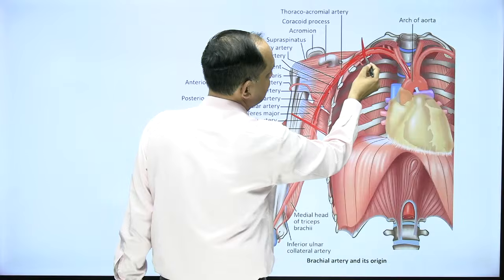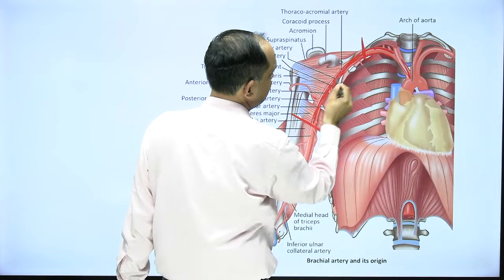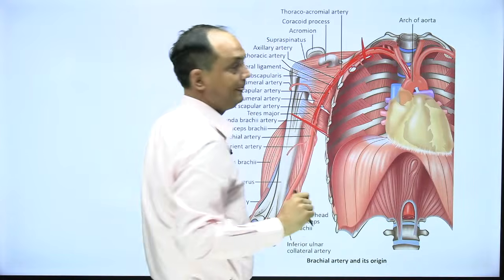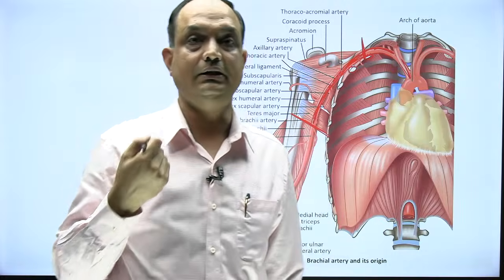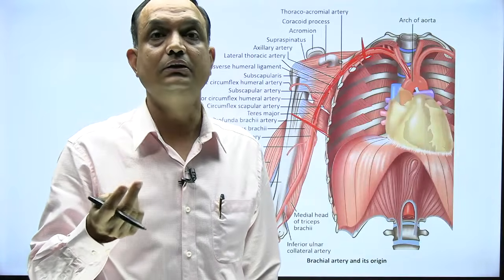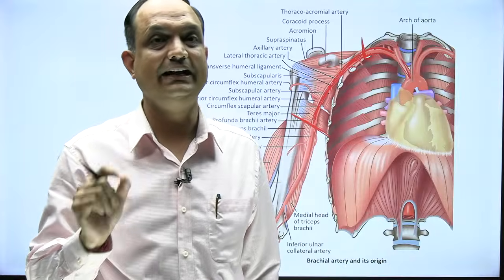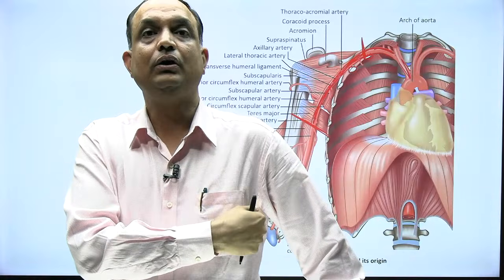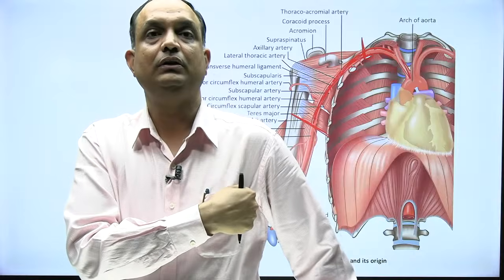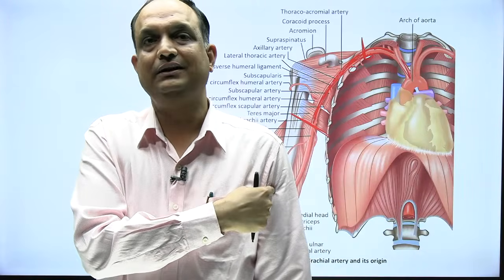You can see this is the first rib. This is a section of the first rib. This is a section of the second rib. So once the artery comes out from the chest cavity, it first runs on the first and second rib. But if it continues running very close to the chest wall, then it is not possible to enter into the upper limb.